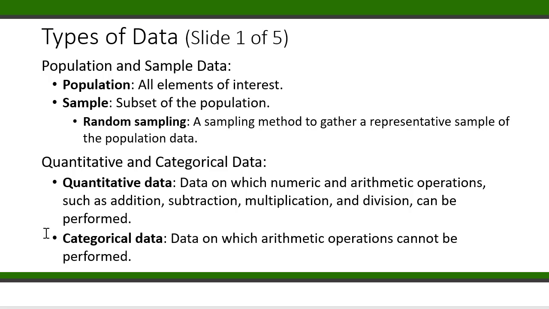So the first thing to think about is, what do we mean by the population? A population is all elements of interest. What that means is you're going to collect data on everything that you define as the population. If we were looking at the stock market, the population would be all of the stocks that are listed in the stock market.